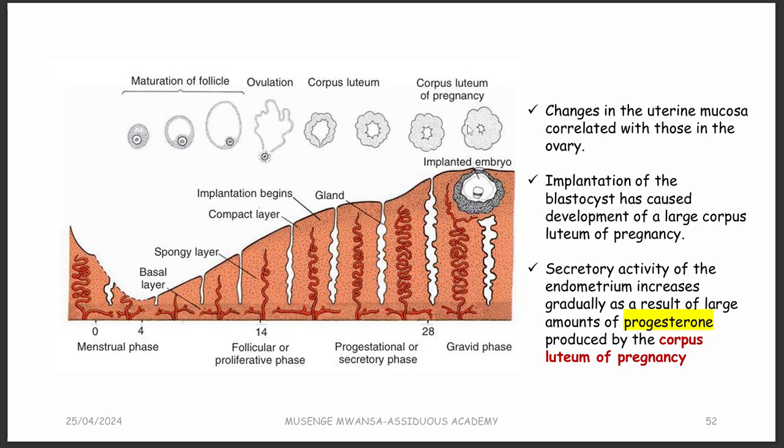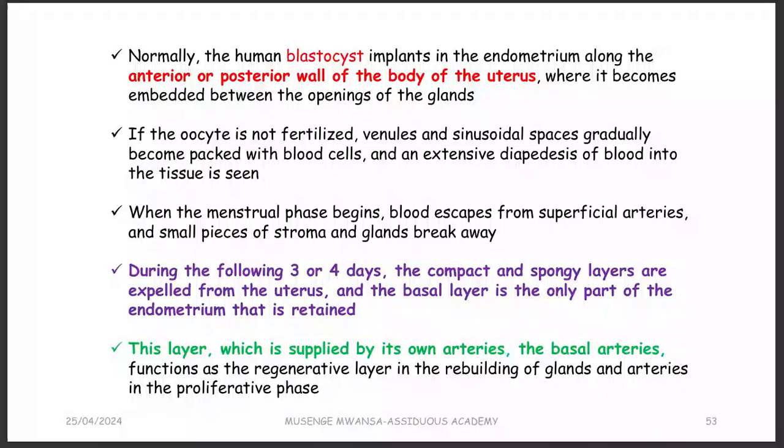The corpus luteum will be the one producing progesterone. Progesterone maintains pregnancy. That you need to know. Up to about the 4th month. Okay. So normally the human blastocyst is going to implant in the posterior wall of the endometrium.